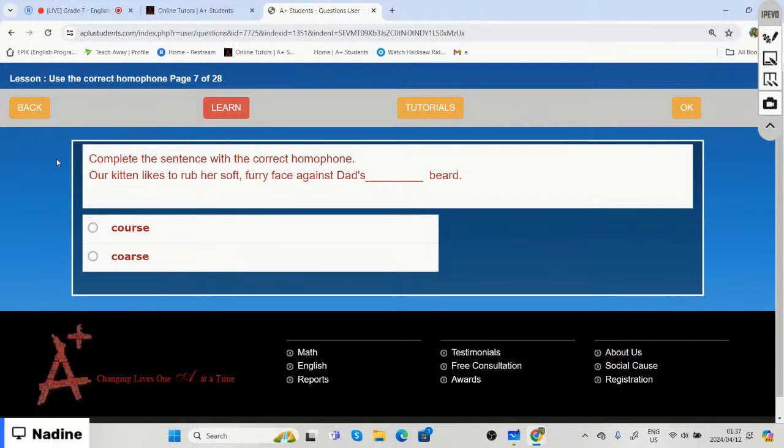Our kitten likes to rub her soft, furry face against dad's. So we said the first one, which is a coarse beard, or the second one, which is a course beard.